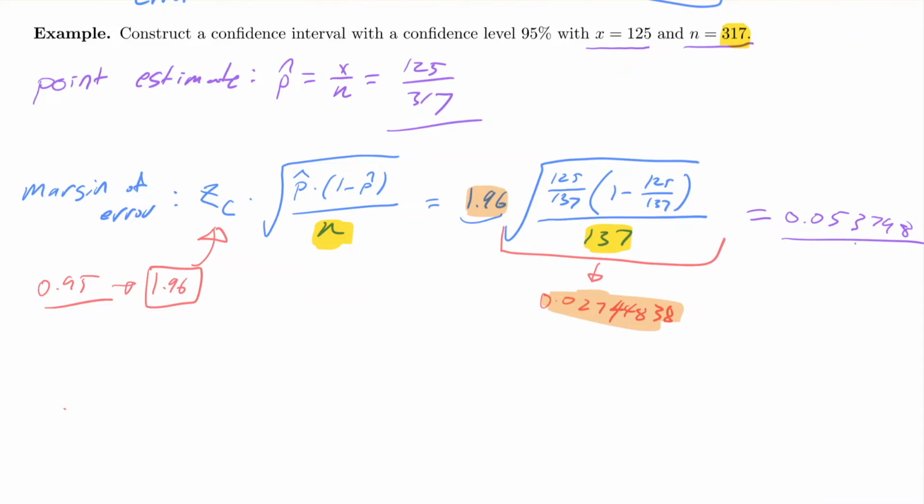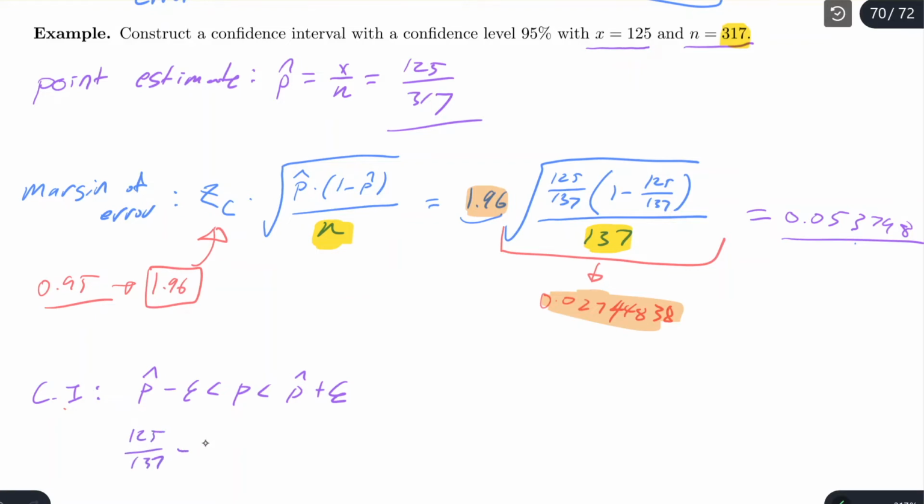So the confidence interval itself is p hat minus margin of error, p hat plus margin of error. So in this case, we have 125 over 137 minus margin of error, 125 over 137 plus margin of error. So what is that? We can find this number.